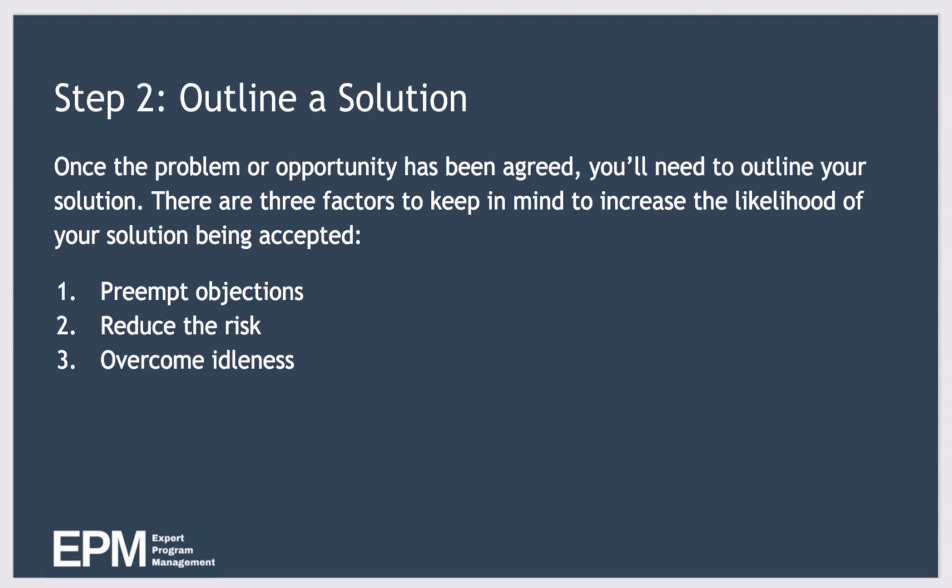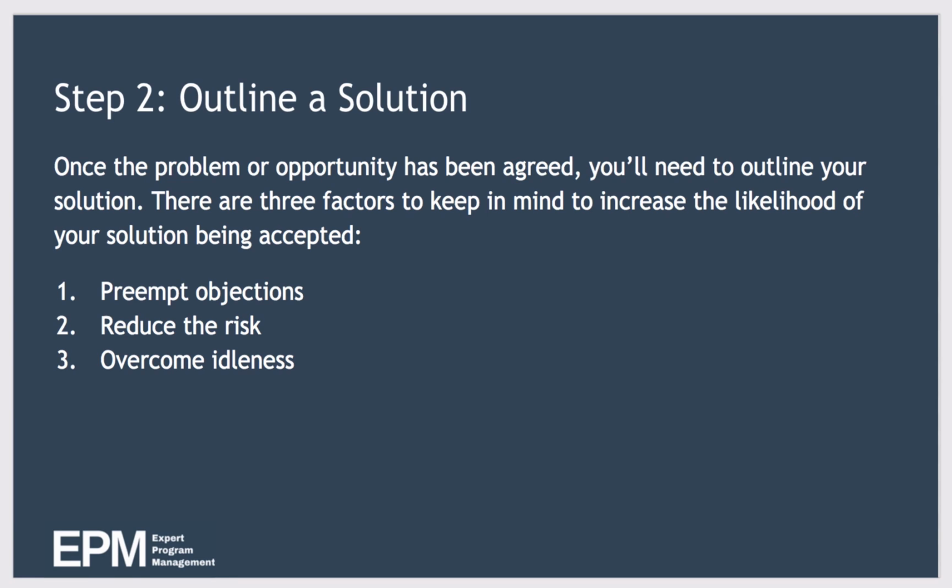Now, the second step is to outline a solution. So once the problem or opportunity has been agreed, you'll obviously need to outline your solution. And there are 3 factors that you need to keep in mind that will increase the likelihood of your solution being accepted. So the first one is to preempt objections.